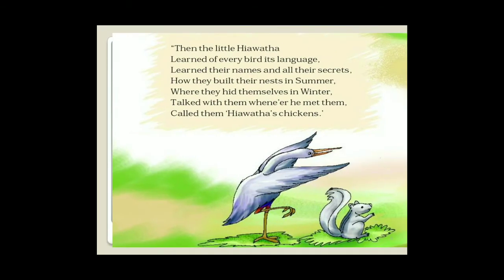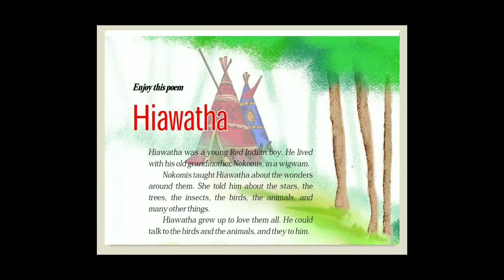So children, we have learned that Hiawatha was a Red Indian boy. He was living with his old grandmother Nokomis in a wigwam. Just now we have discussed, and in this picture also you can see the wigwam.